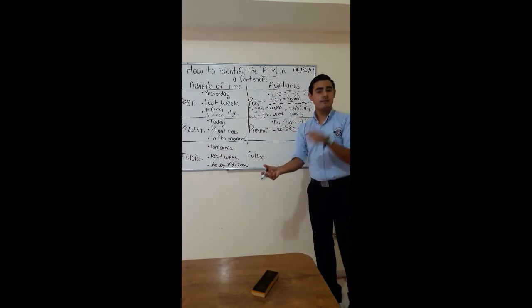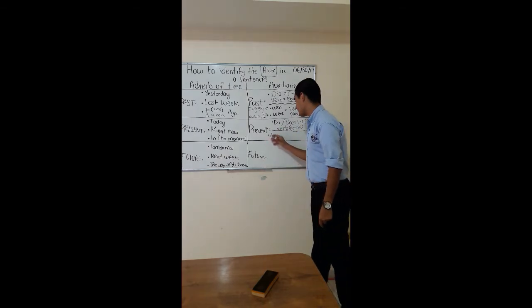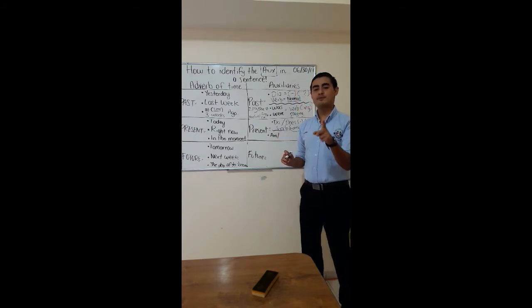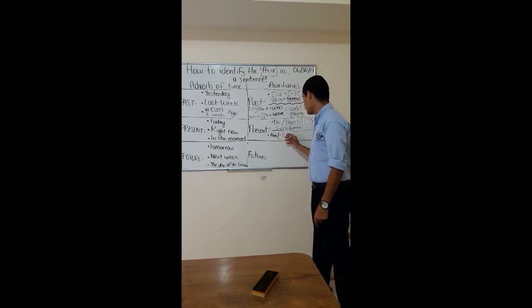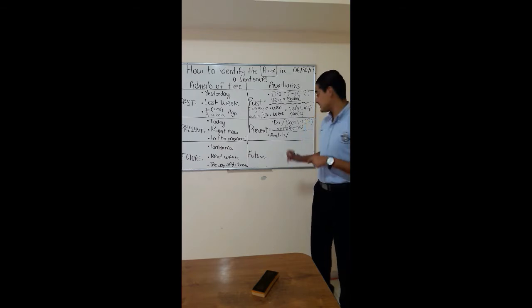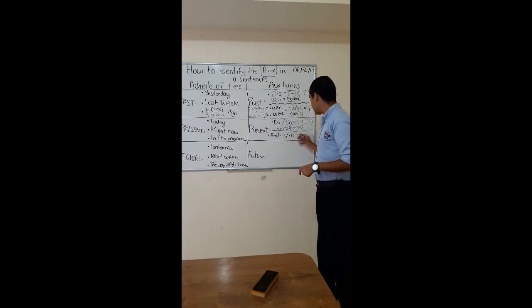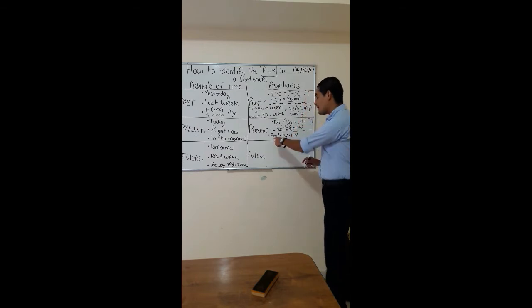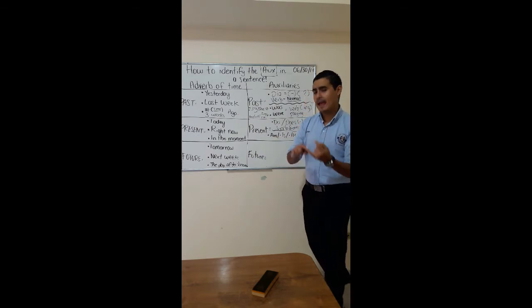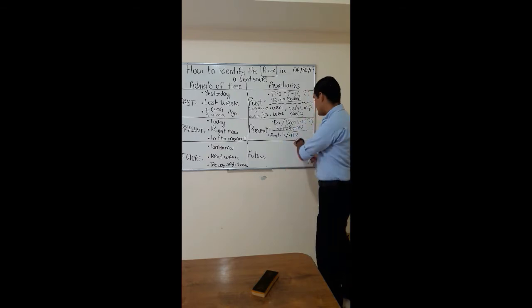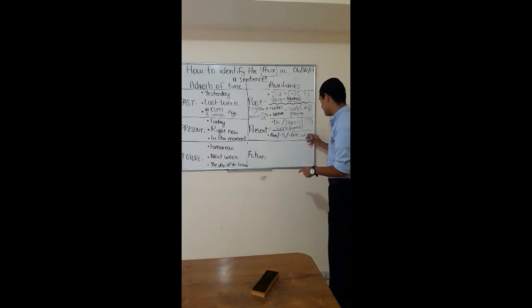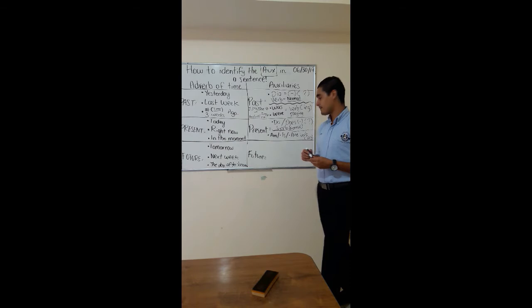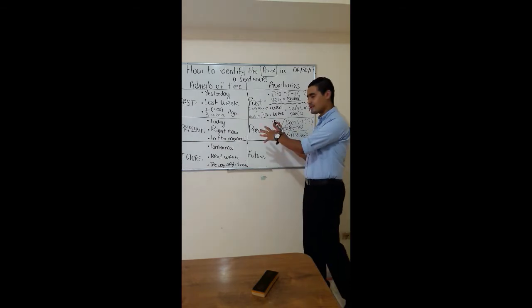The next auxiliary is the verb to be: am, is, and are. And when you identify am, is, are, the verb is ing, okay? Now, that is for present.